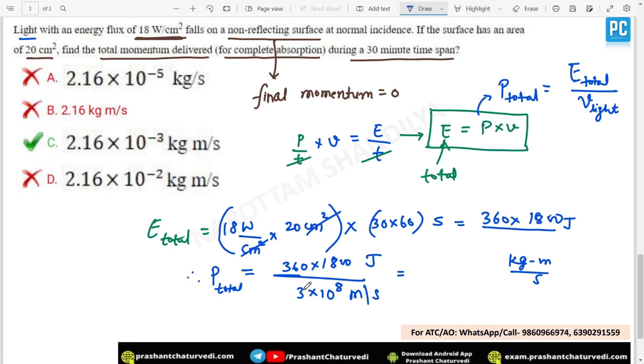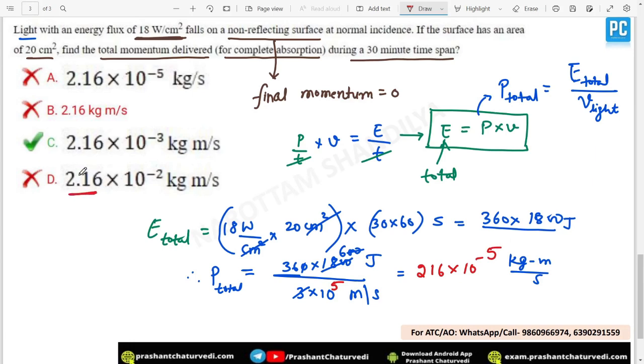From here you will see that it will become 600, and this 10 and this 20 will simply get cancelled out. Then this will simply become 10 to the power 5. And 36 into 6 will be 216 into 10 to the power minus 5.